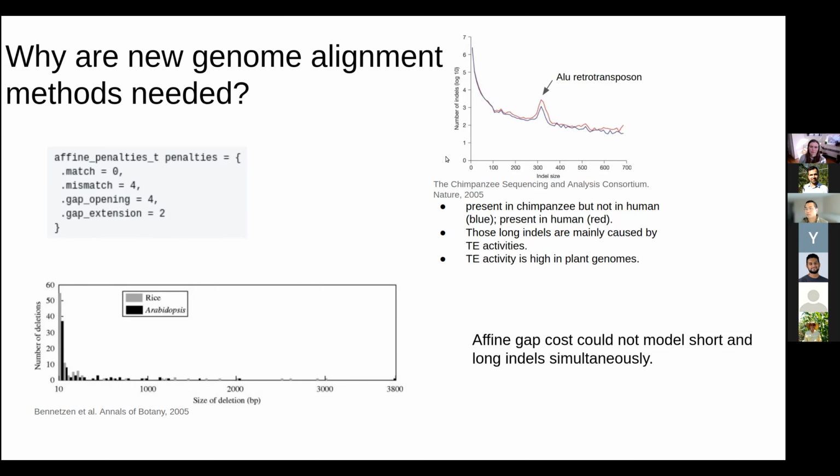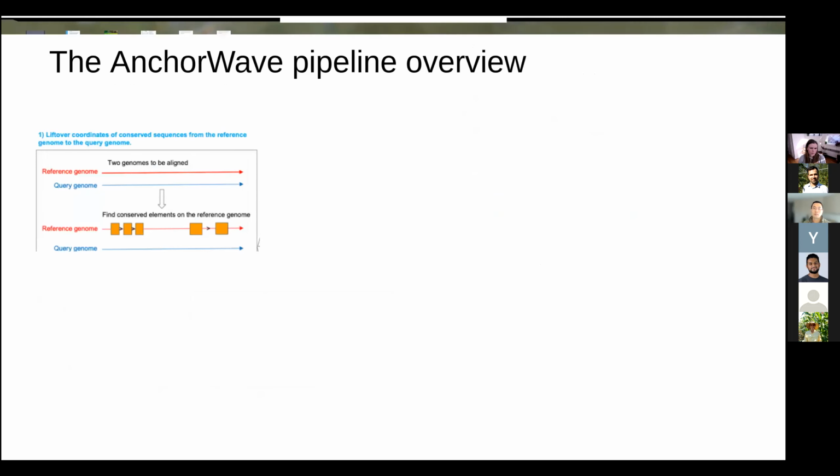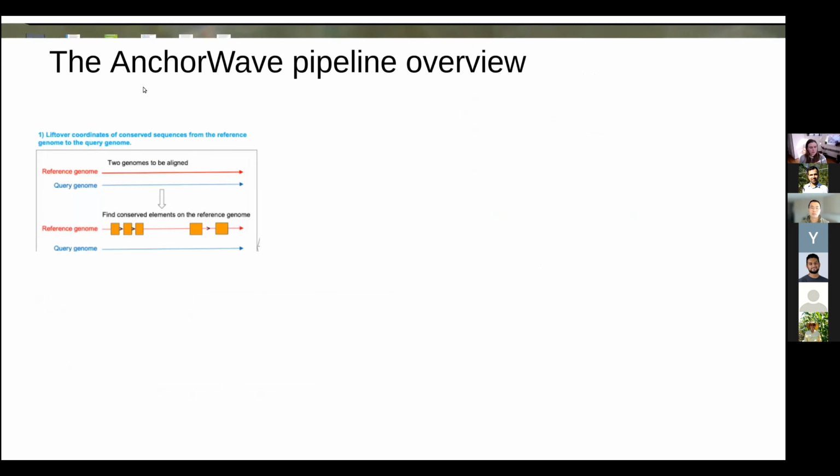In plants, as Michelle introduced before, there is much higher transposable element activity and much longer indels. So we don't think this approach could align long and short indels well at the same time. To solve this problem, we developed software called AnchorWave.